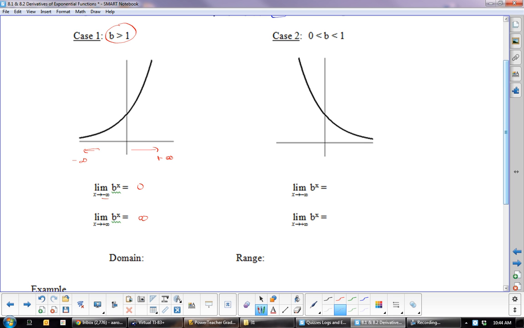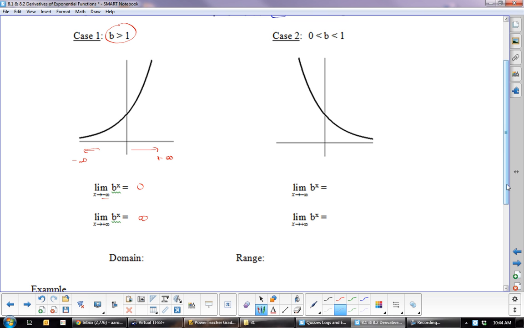And the domain would be, actually we can do domain and range after we're done both of them. Now, when you are doing a fraction, impropers are when the top is bigger than the bottom. That's going to be case 1.